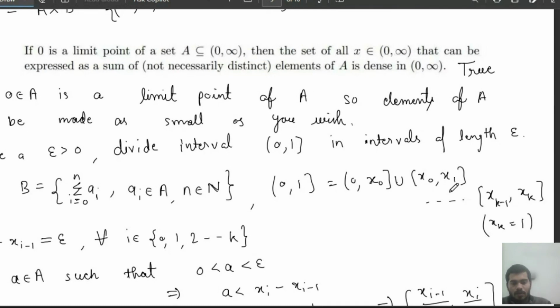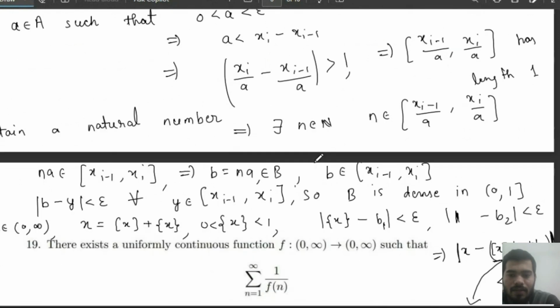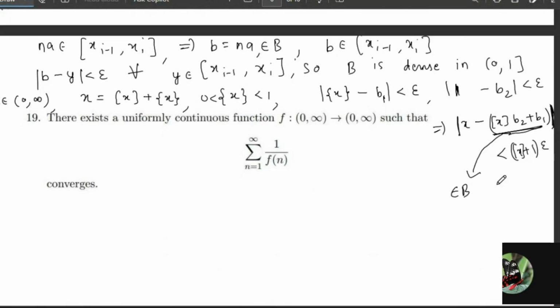Does anybody have a doubt? Should I repeat the last part again? Yes, sir. Okay. So is it clear till that B is dense in 0, 1? Yes, sir. Okay.